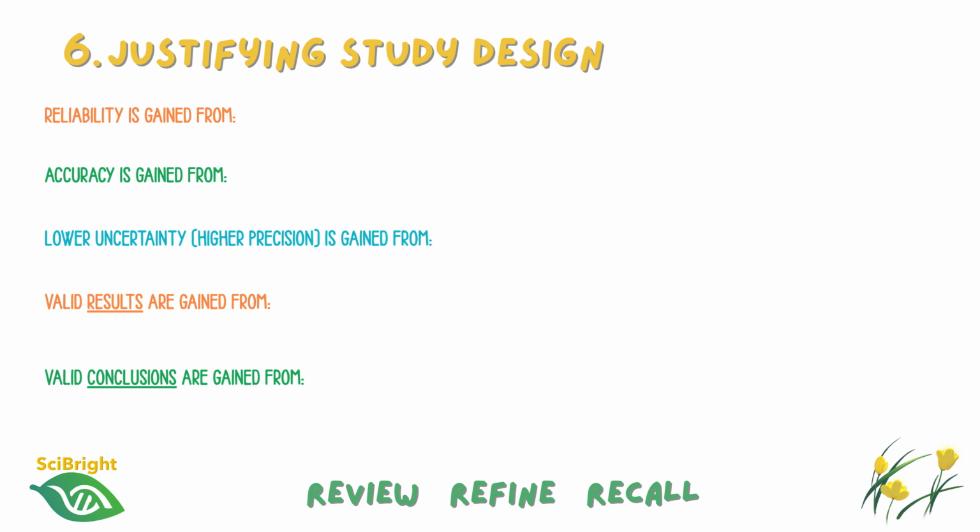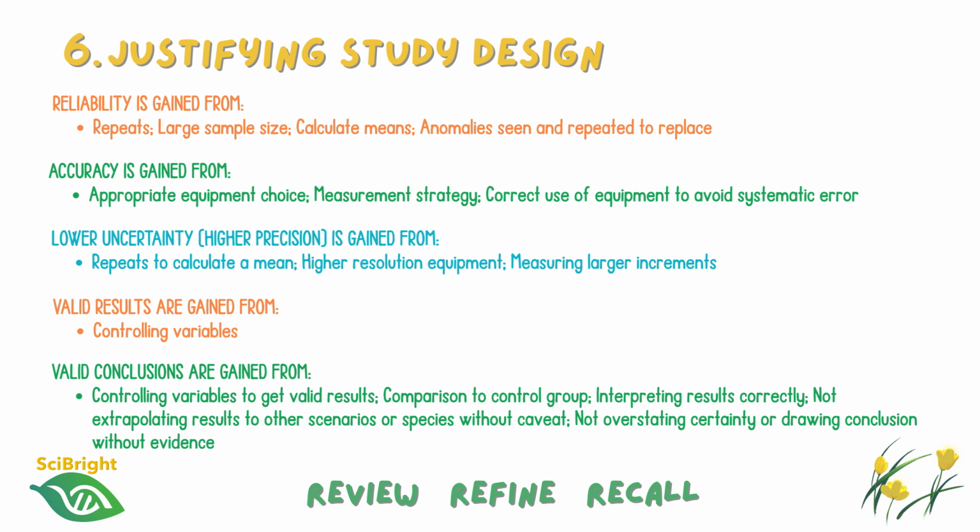Here's a few more questions for you. So pause the video and test yourself on how we obtain reliable data, valid data, accurate data, and reduce uncertainty. Now check your answers again or make a note if you need reminding.